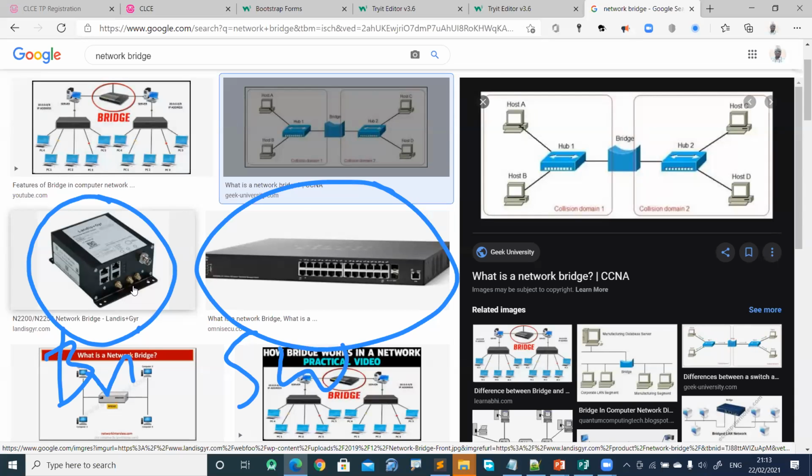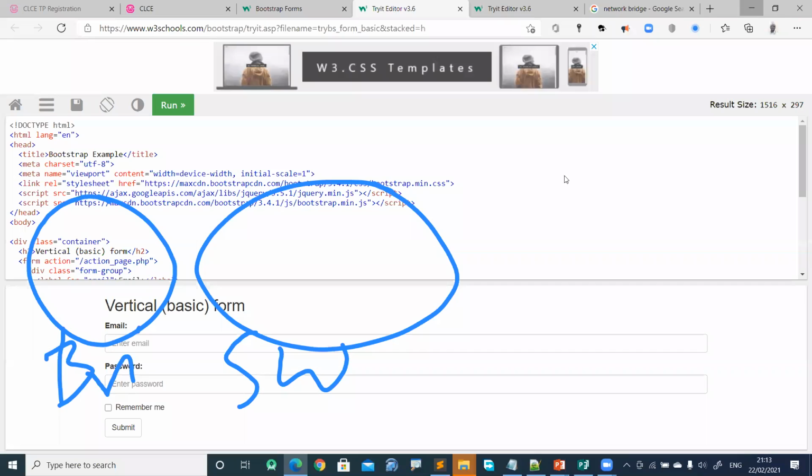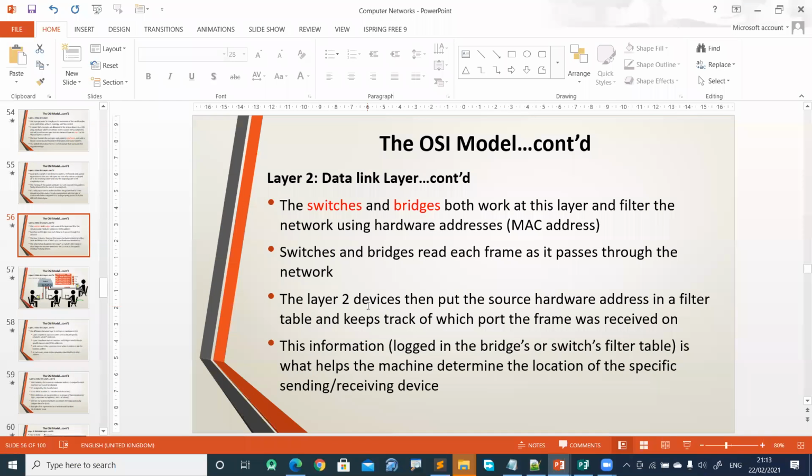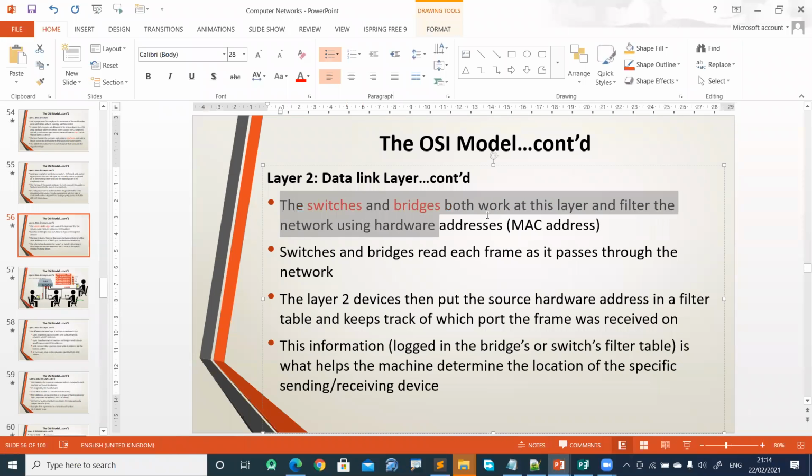But there are some switches that have few ports too, so don't be surprised when you see that. Okay, fine.